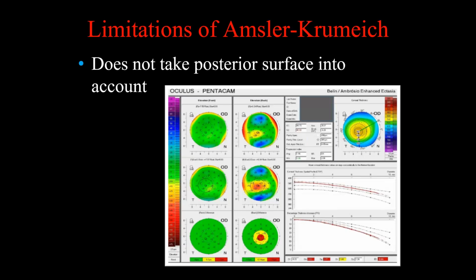We didn't have the modalities that we have now that warrant intervening as early as possible. So again, this is an example, for those familiar with the Belin Ambrosio display, of moderately advanced keratoconus, huge posterior ectasia, but an absolutely normal anterior surface. This is not recognized at all in Amsler-Krumeich.